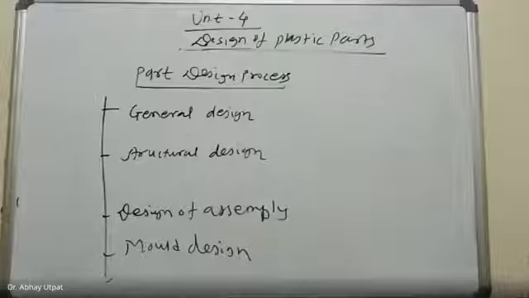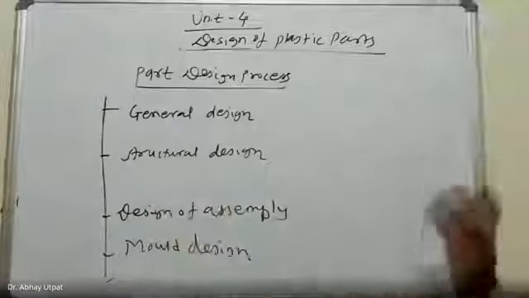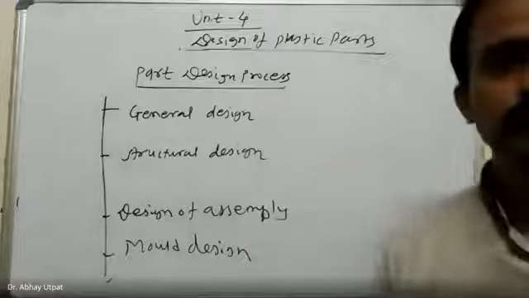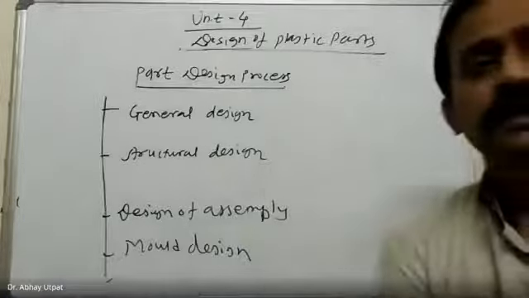Now, I hope you have noted it down. A short note may be asked: what are the different aspects of the part design process? What are the different types of this part design process?